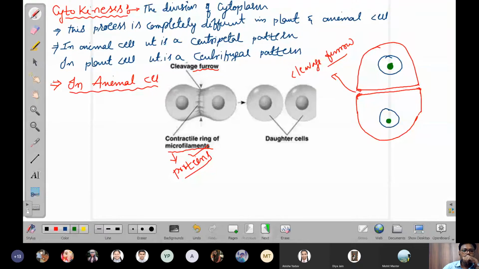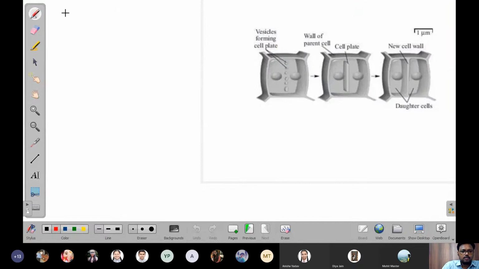Cytokinesis in plant cell. Now what is the difference? Here the things are there. First, vesicles forming the cell plate, then the wall of the parent cell, the cell plate completely formed, and the new cell wall is developed. We all know each plant cell is covered with a cell wall.